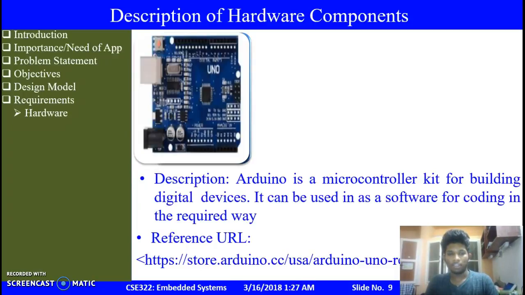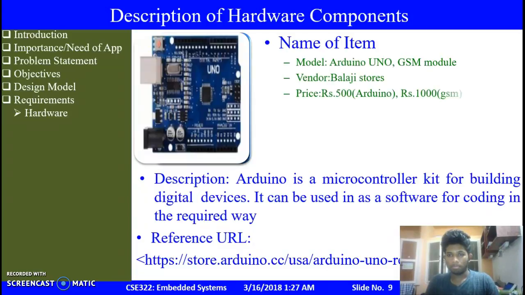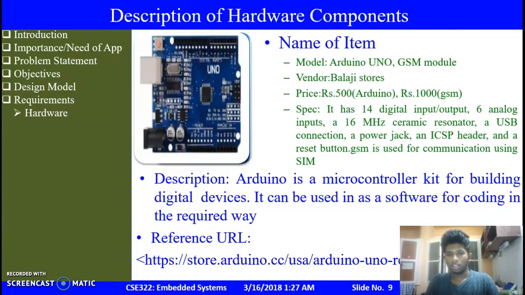This is the first hardware component, the Arduino UNO. It's a basic Arduino worth about 500, and its specifications are given here: 14 digital input/output pins, 6 analog inputs, a 16 megahertz ceramic resonator, and a USB connection.